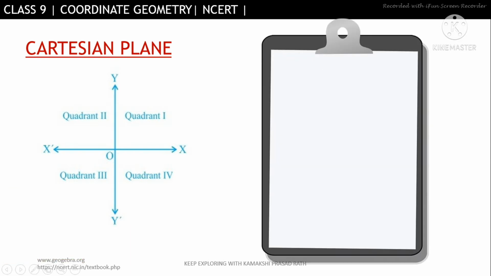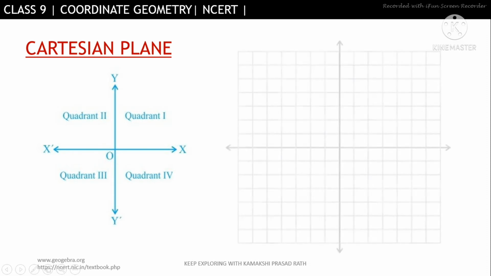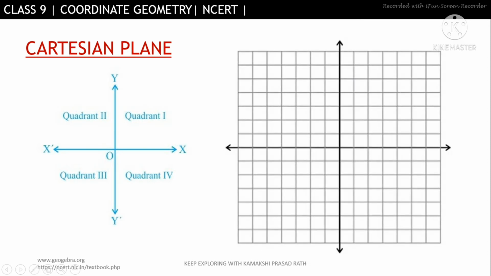As you can see here, suppose we take the plane surface. Now this is the x axis and the y axis. You can easily see it is divided into 4 parts. Hence on a graph paper we can show it like this. So this is the origin where they meet, the x axis and the y axis, with positive y and negative y.